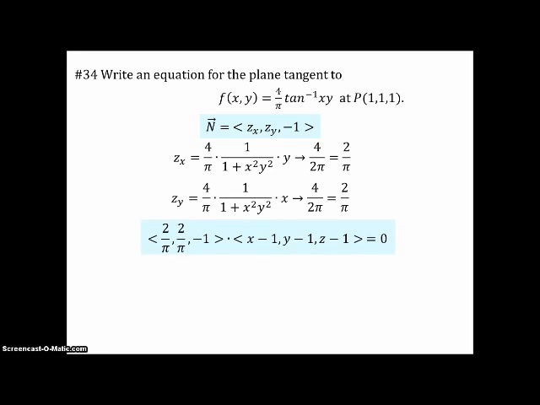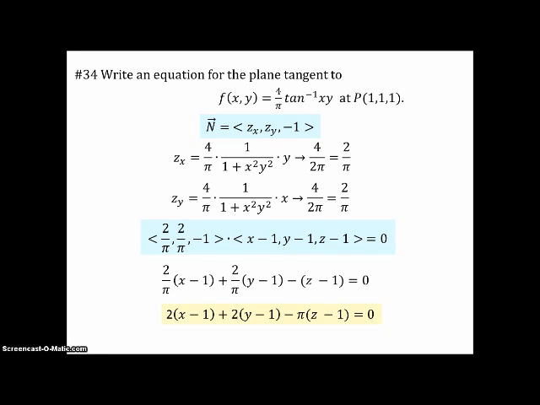So then we dot n with our generic vector on the plane. The vector on the plane is x minus 1, y minus 1, and z minus 1. And when we dot those, we get this, which is a perfectly fine answer, but the fractions are a little tacky, so I multiplied through by pi. Now, in the back of the book, sometimes they rearrange it, sometimes they don't. So you may have to multiply that out to get your answer to match the book.